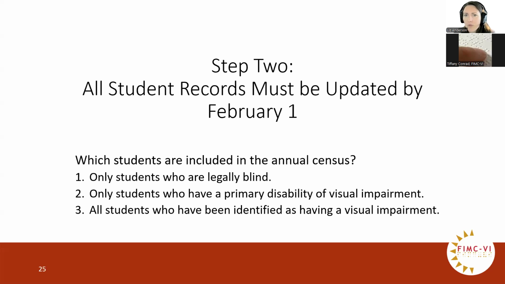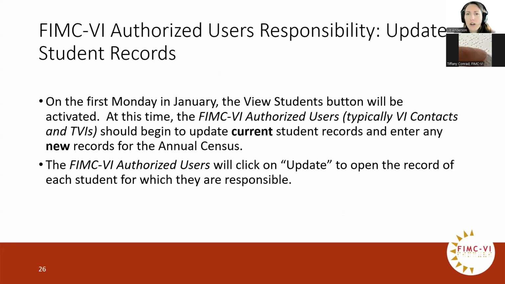let's move on. So all of those individuals who have that status allow access and are now authorized users, their responsibility at this point, as of the first Monday in January, which is January 6th, is to go in and update the student records. So that view students button that you saw on that previous slide will be activated. So everyone in the district who is serving students is going to go in and begin to update current student records and enter any new records for the annual census.